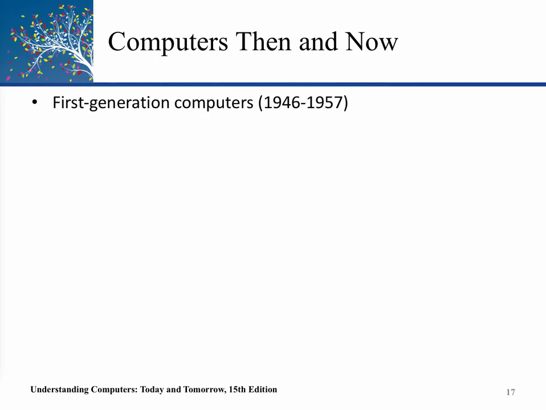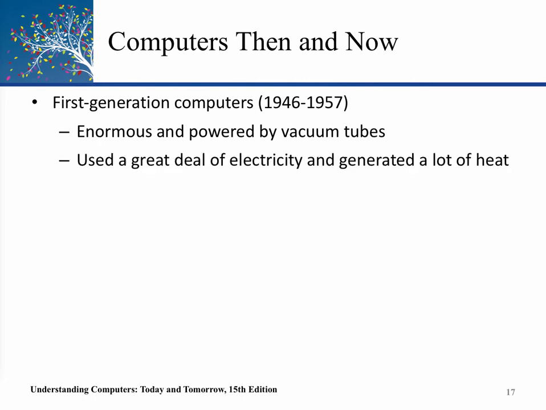So let's look at the first generation. These were computers from 1946 to 1947. They were large. They were powered by something called vacuum tubes, which kind of look like light bulbs. These vacuum tubes and these computers used a great deal of electricity, generated a lot of heat, and took up a lot of space.